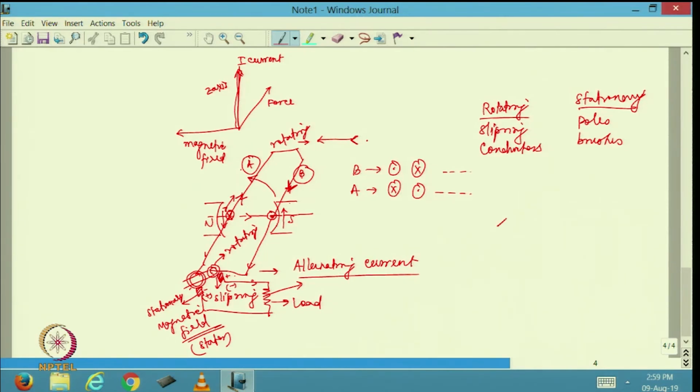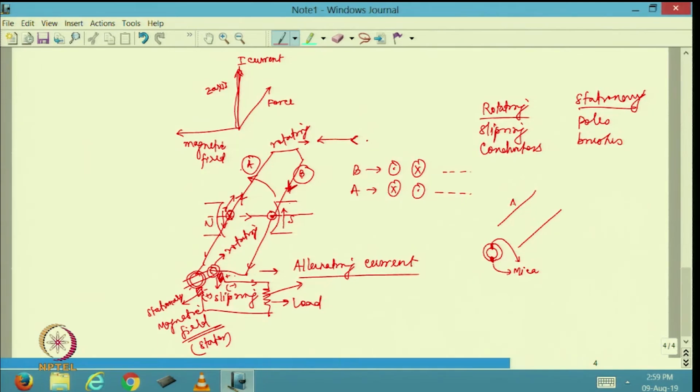So, what I will do is, if I am going to have the conductor here, I am going to have a ring, only one single ring. That ring will be having two portions, which are insulated from each other. So, this is going to be made up of mica, this will also be made up of mica.